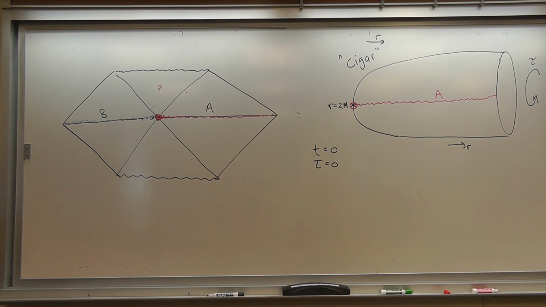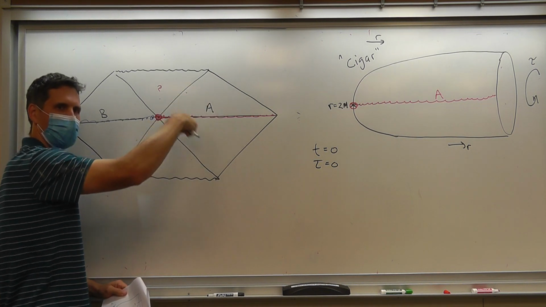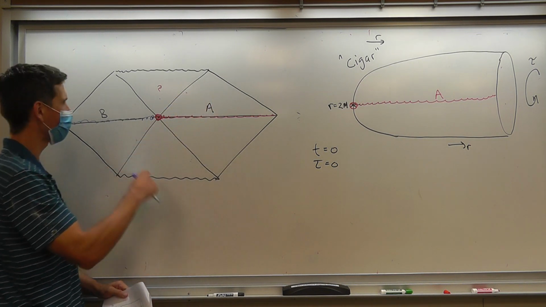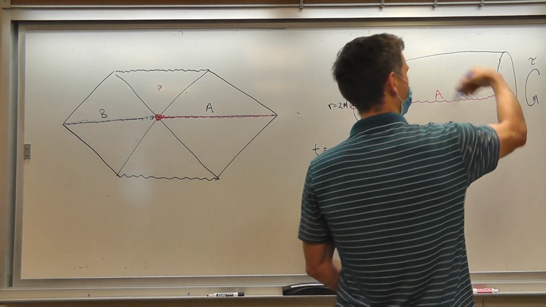Now, this is not obvious, because we started out with coordinates on this patch, but I claim that region B is what you get on the other side of the cylinder.